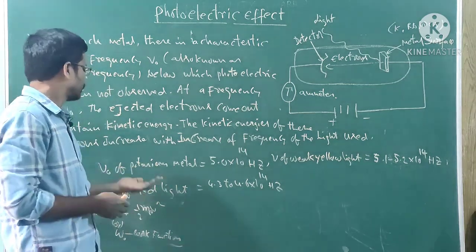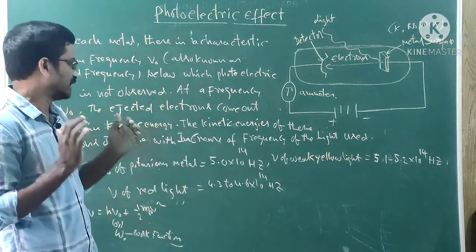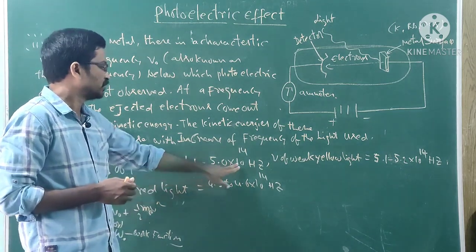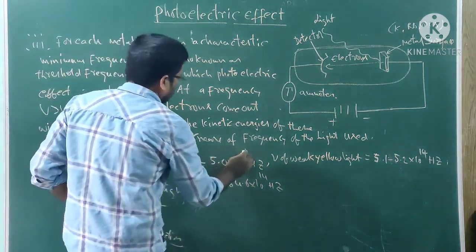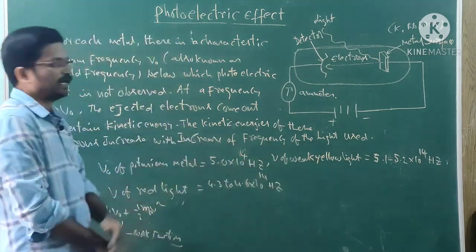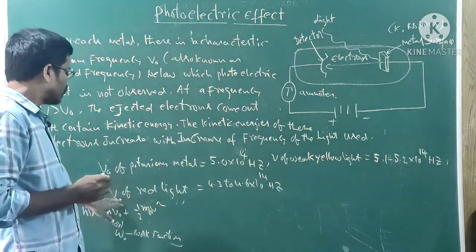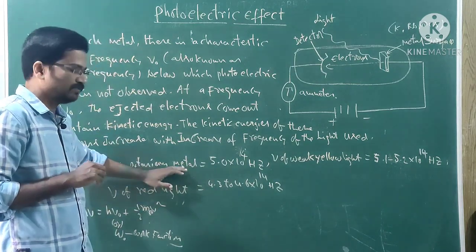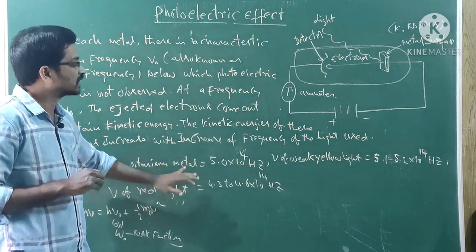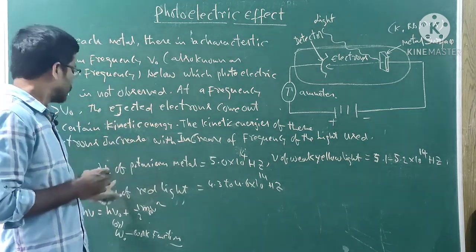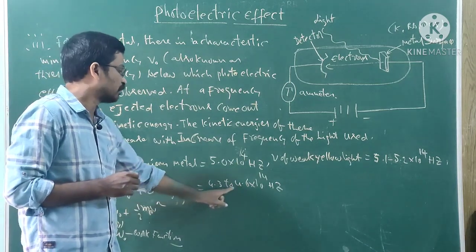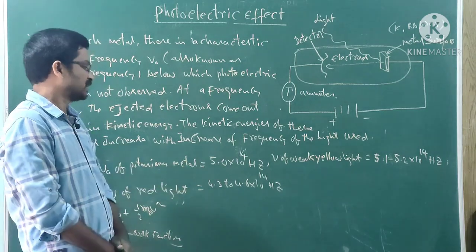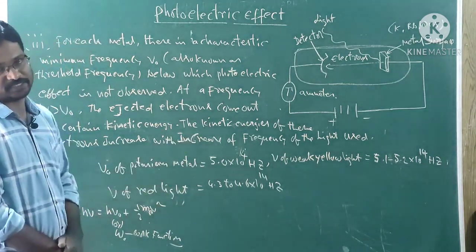For example, take potassium metal, which has a threshold frequency of 5.0 × 10^14 Hz. Whenever red light falls on the metal surface, electron ejection does not take place, because the frequency of red light is 4.3 to 4.6 × 10^14 Hz.